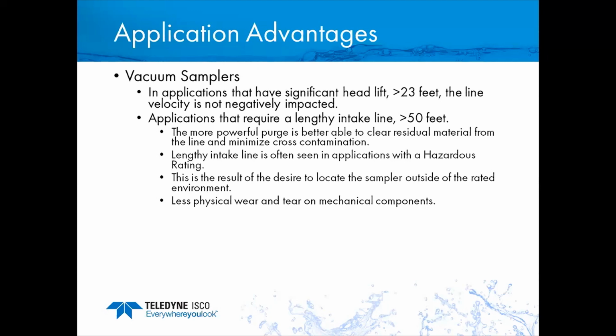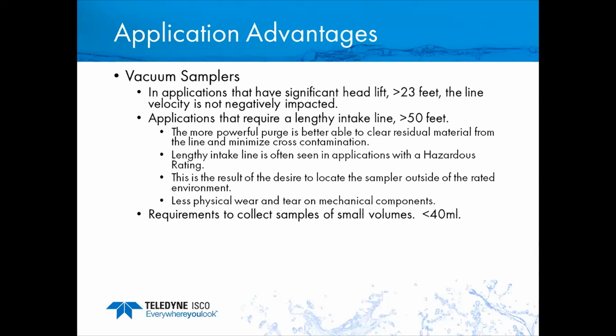Lengthy intake lines are often seen in applications with hazardous rating requirements because folks will position the sampler outside of the rated environment and run the intake line from the location of the sampler into the rated area. There is less physical wear and tear on mechanical components in the vacuum sampler due to lengthier run times because we don't have the mechanical parts in a vacuum sampler as you see in a peristaltic sampler.